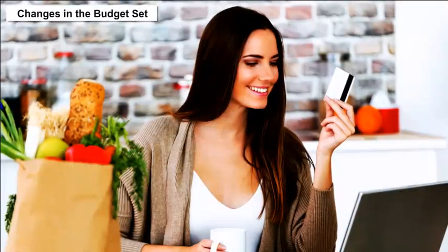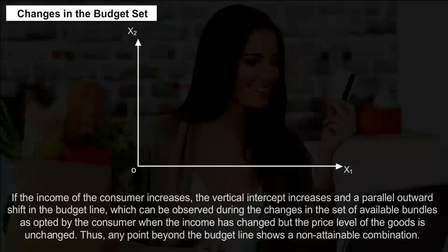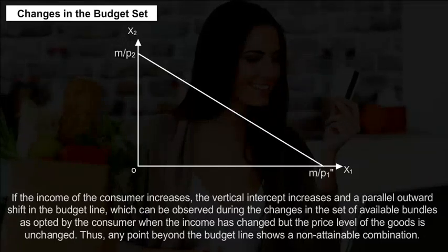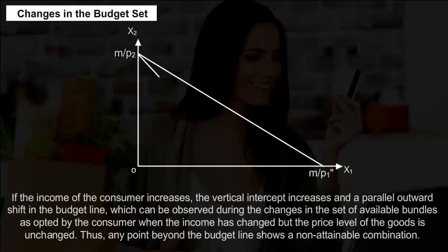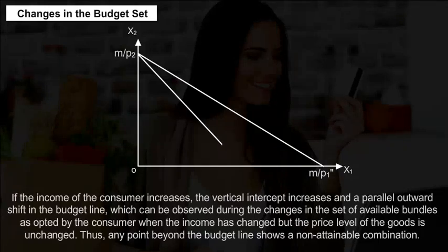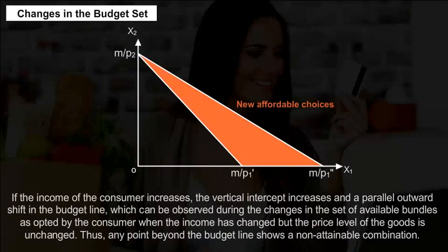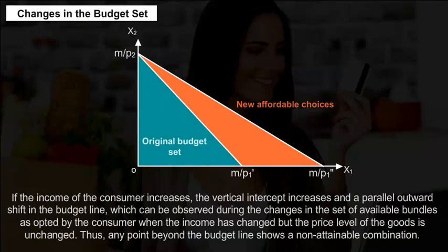Changes in the budget set. If the income of the consumer increases, the vertical intercept increases and there is a parallel outward shift in the budget line. This can be observed in the changes in the set of available bundles chosen by the consumer when the income has changed but the price level of the goods is unchanged.